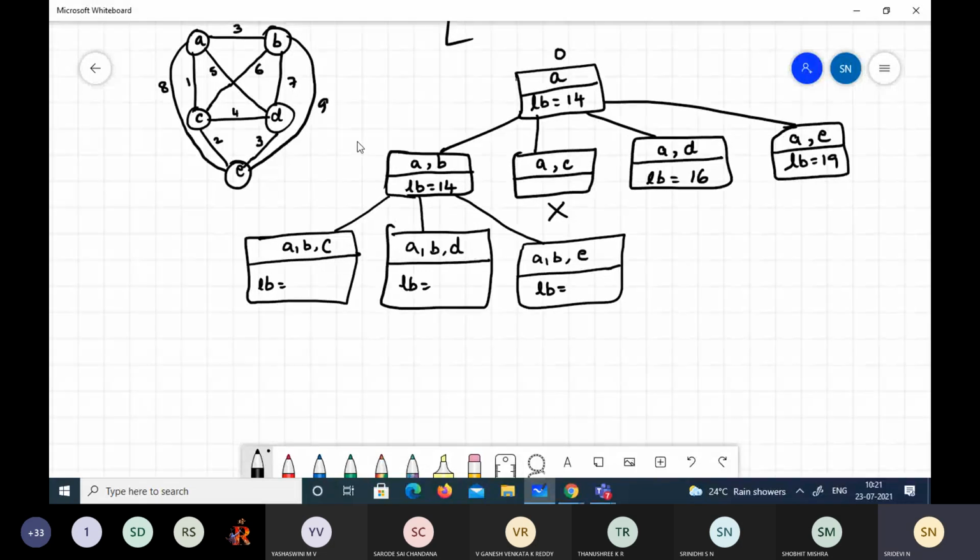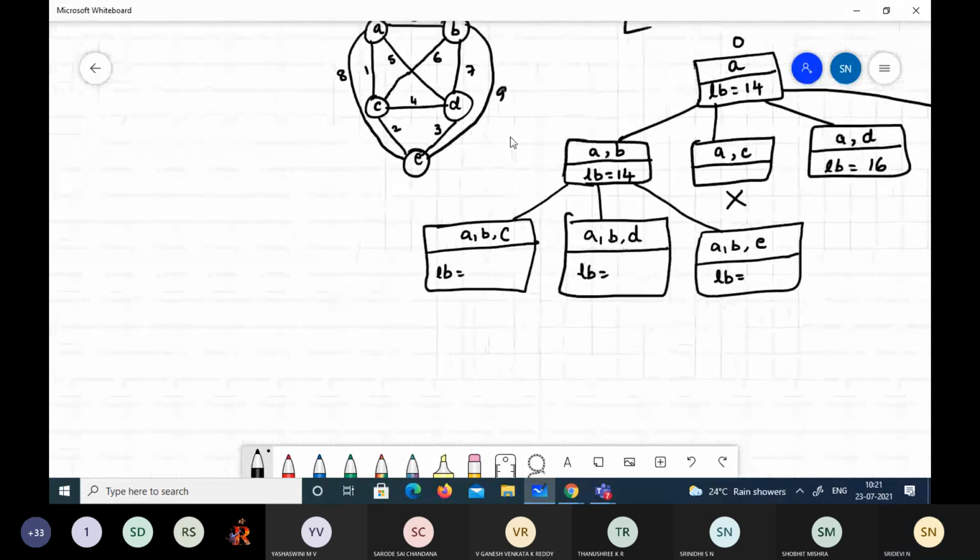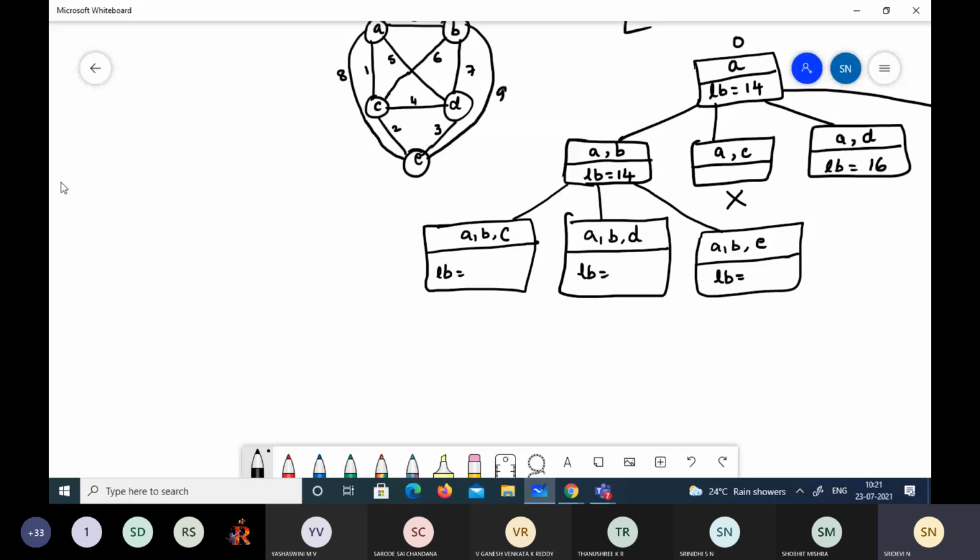So if we just check, I'll write down here the lower bound for A, B, C. I'm checking for A, B, C. Now AB is fixed. I cannot disturb AB.